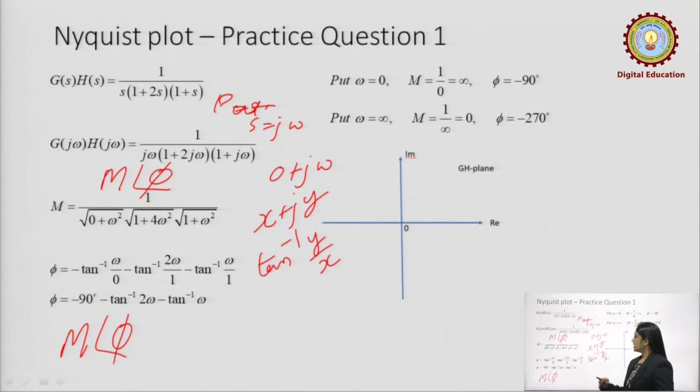Now, to find the end points, before sketching the polar plot, we have to look at where the plot starts at omega equal to 0 and ends at omega equal to infinity.